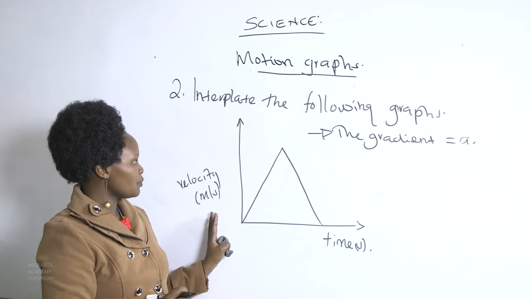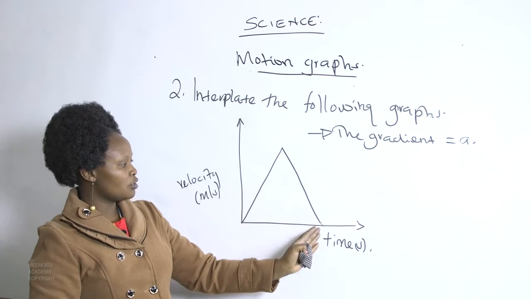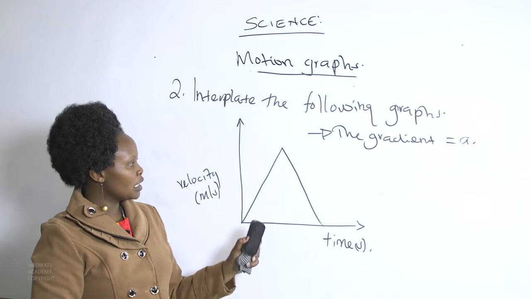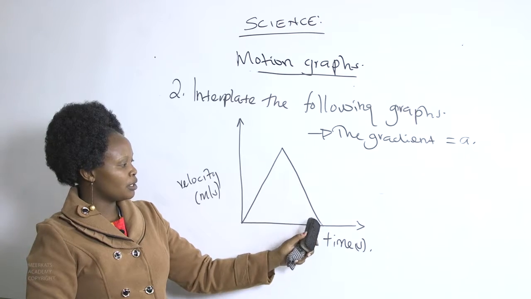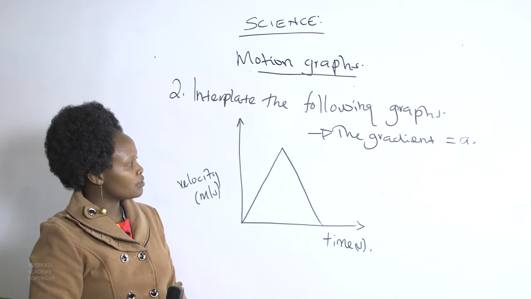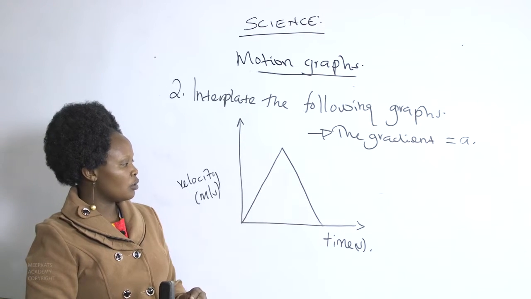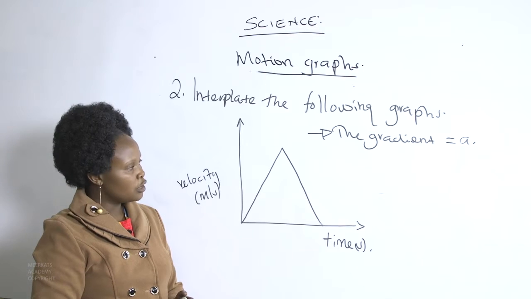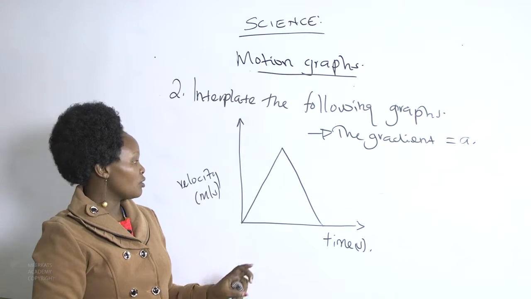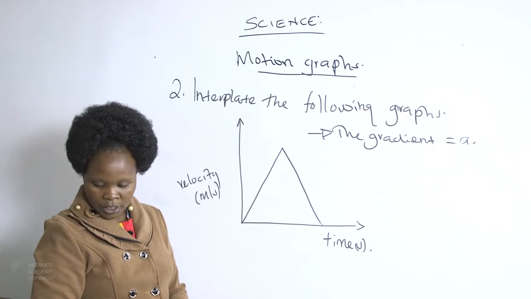The gradient of this line at any particular point is actually the same. Therefore, the same case will apply to the gradient of the second part of the graph, but this time the gradient will be negative. And now it means that the negative part of the graph shows reduction in velocity actually to 0.